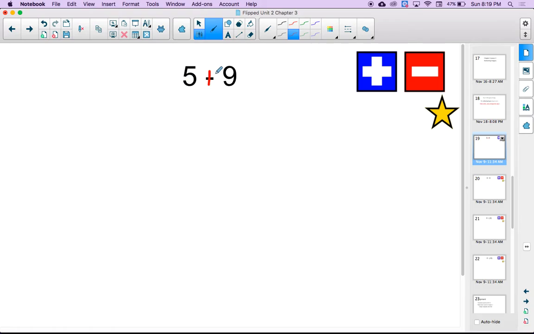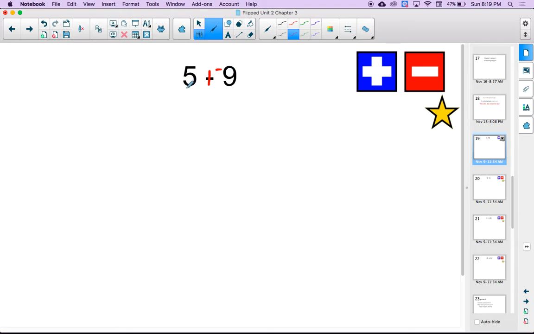Now that makes it 5 plus 9, but that's not an equivalent expression. 5 plus 9 does not get us the same result as 5 minus 9. But you know what does? 5 plus negative 9. So we added a line and then we changed the sign of the next number.